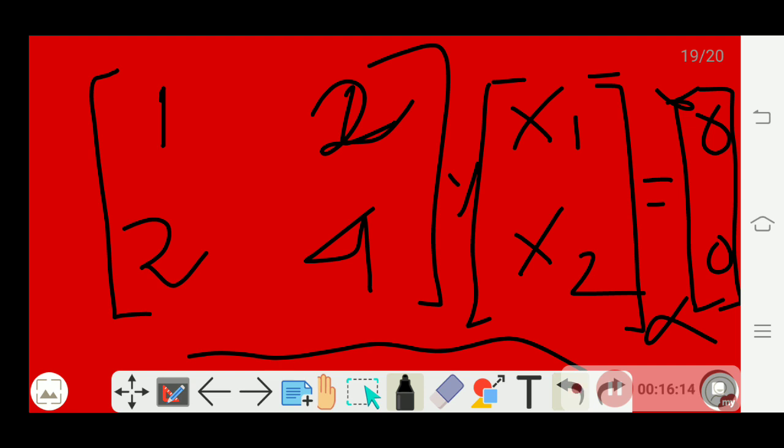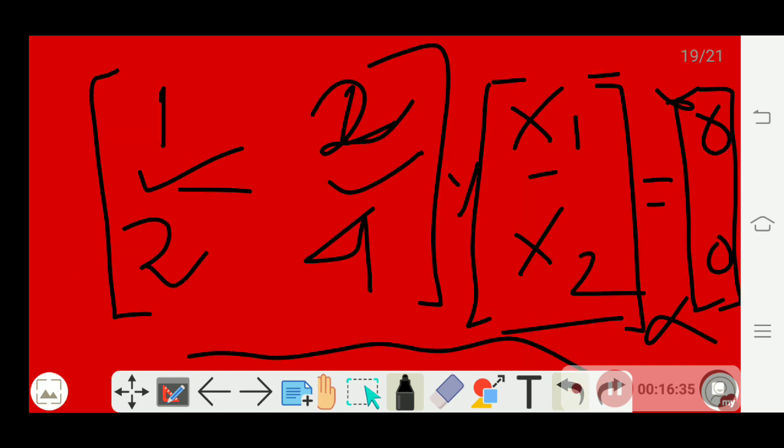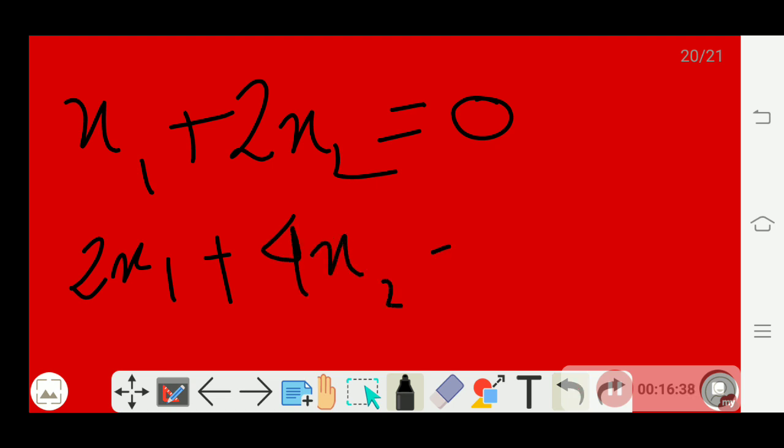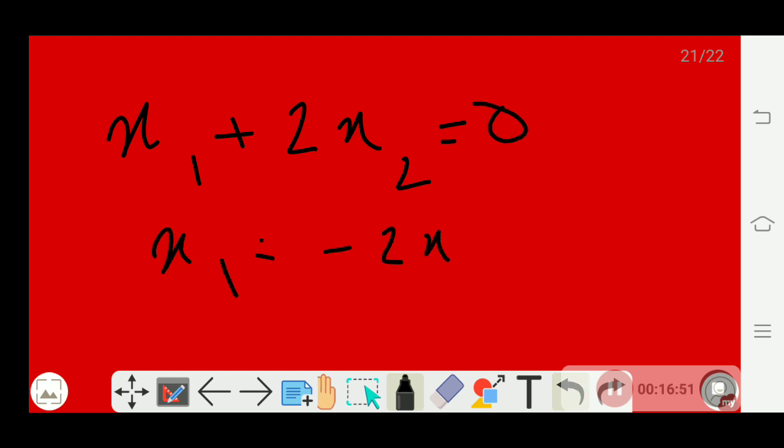Okay, leave it. So here we are getting the equation 1x1 plus 2x2, right? x1 plus 2x2 is equal to 0. Again we are getting the same thing, 2x1 plus 4x2. So these are ultimately the same, so we can write x1 plus 2x2 is equal to 0. So x1 is equal to minus 2x2, or we can write x2 is equal to minus x1 divided by 2, same ratio proportion thing.